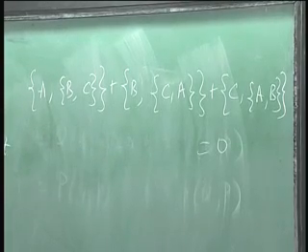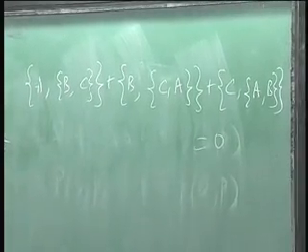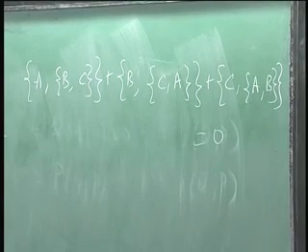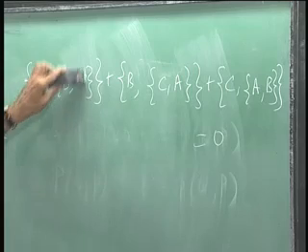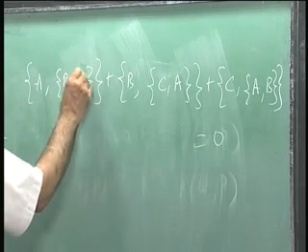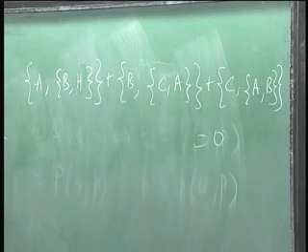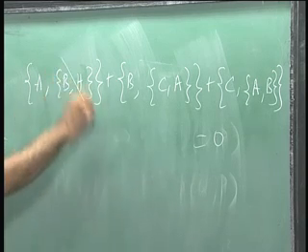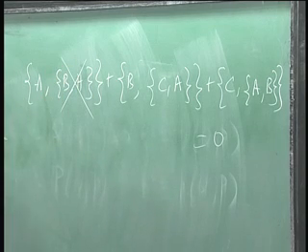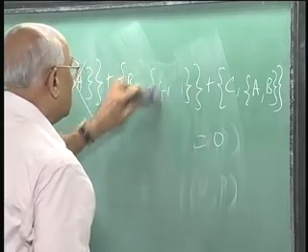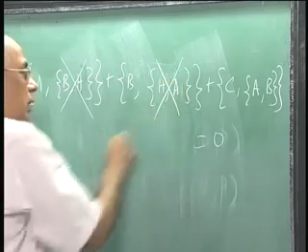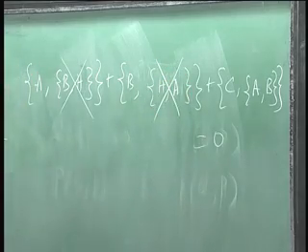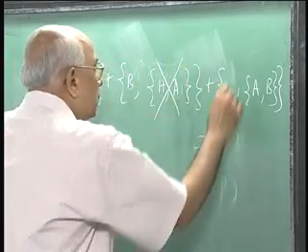Now suppose A is a constant of the motion and B is a constant of the motion and C is chosen to be the Hamiltonian, that is also a constant of the motion. So C is the Hamiltonian, B with H, but if B is a constant of the motion and they are all time independent, then this is 0. Similarly C was the Hamiltonian, so you have H with A, and this was also 0.